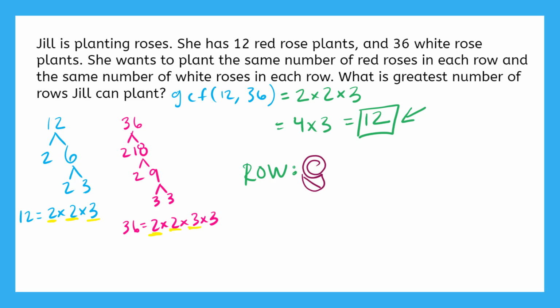Now, how many white roses will be in each row? She has 36 white rose plants and 12 rows. 12 goes into 36. How many times? Yeah, 3 times. So there'll be 3 white roses in each row. So that means each row will look like that.